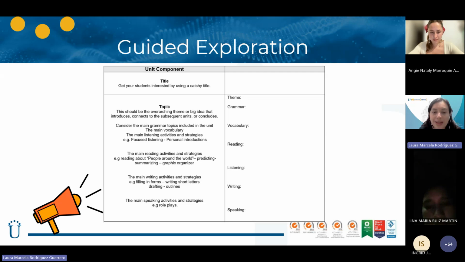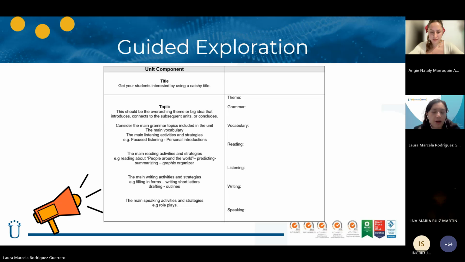Reading activities and strategies, predicting, summarizing, skimming, scanning, graphic organizers, anything that you're going to include in your unit, it's going to be here. This is like a big summary or a big introduction of the unit that you're going to create. Regarding the writing activities, you're going to also share the strategies. So filling forms, writing short letters, drafting, outlines, anything.